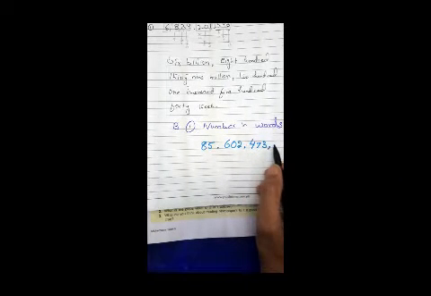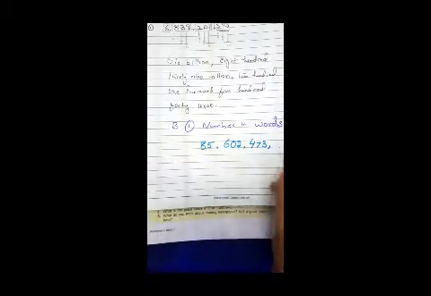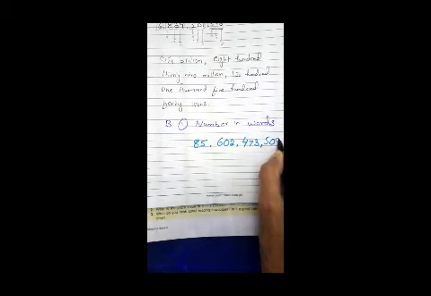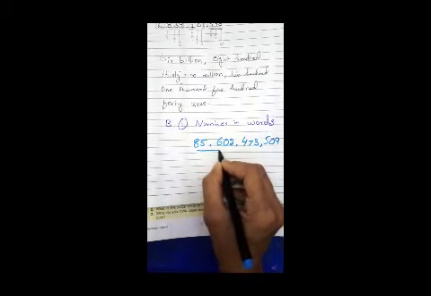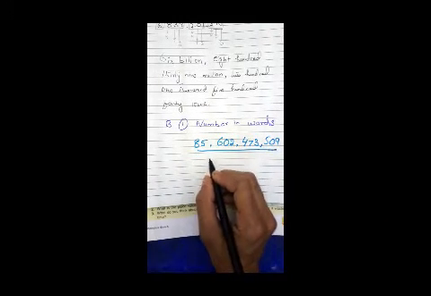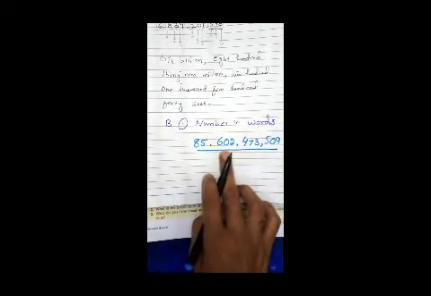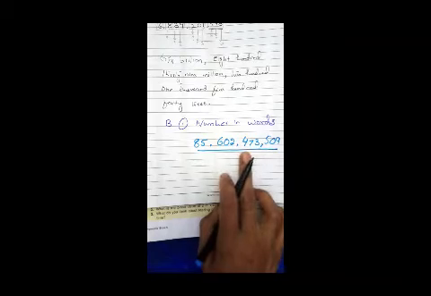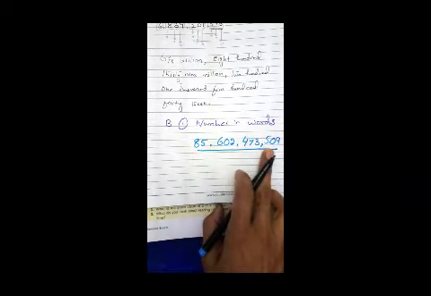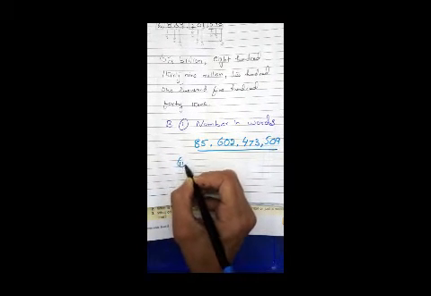Again comma, after that 509. So right here 509. This number that is written in words, we have to write in the form of figures. So 85,602,473,509. Let's move toward our second part.